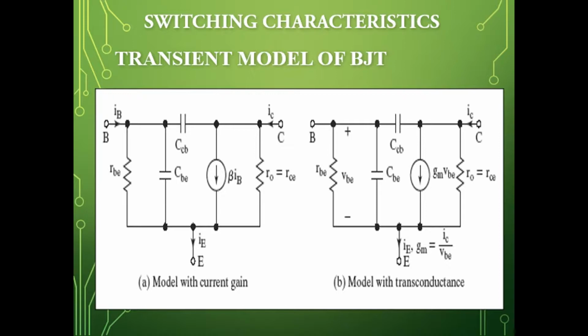Whereas if the PN junction is reverse biased, it has only the depletion capacitance. Under steady state conditions, we don't consider these capacitances, whereas under transient conditions, that is during turn on and turn off, they affect the switching of the transistor. Now let us see how it affects the switching characteristics.